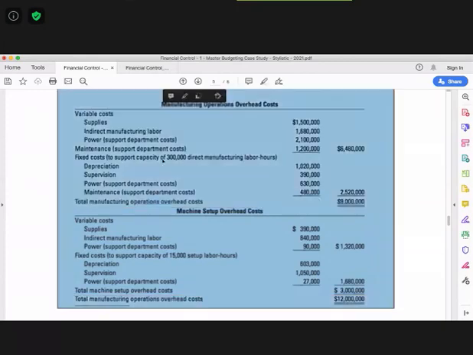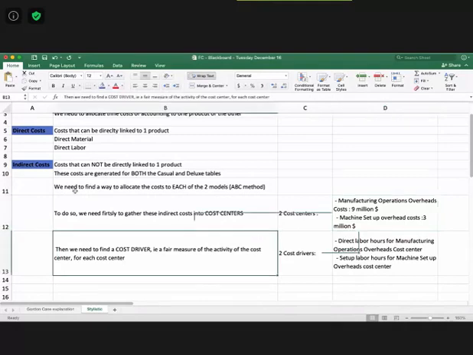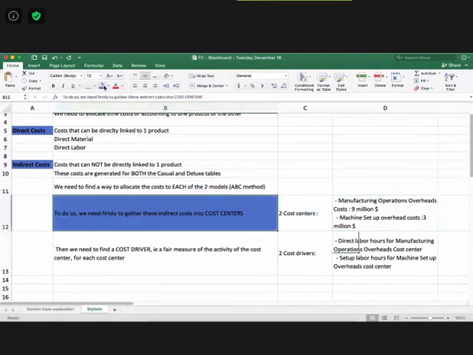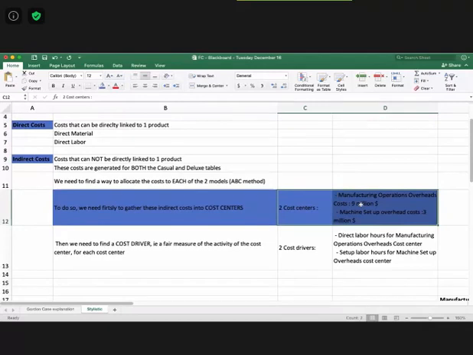So this is the first step we do, what I said on my blackboard: we need to find a way to allocate. We need first to gather this indirect cost into cost centers. This is what we just saw. So we got 2 cost centers.